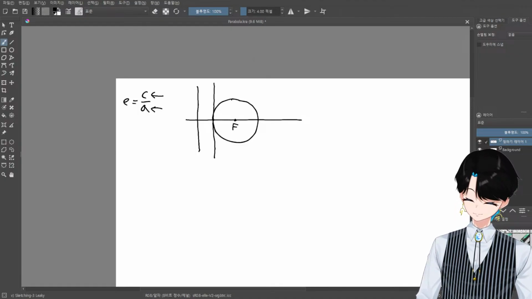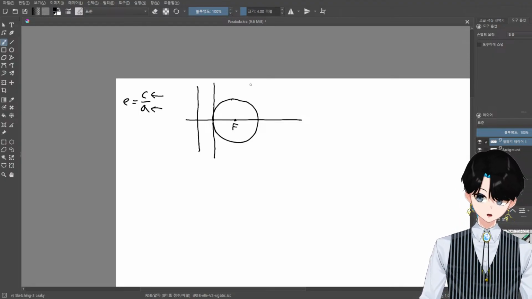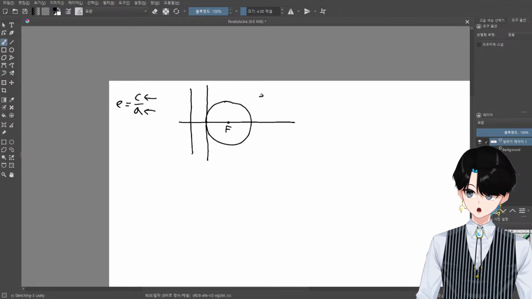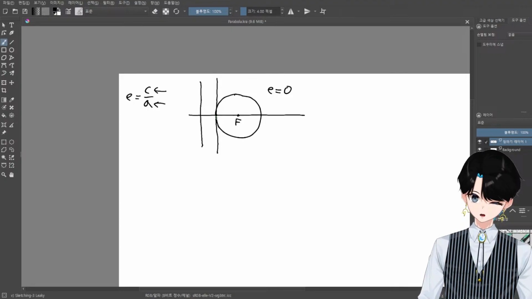No, wait a minute. Linear eccentricity of the circle was 0. Because major axis was not normal.